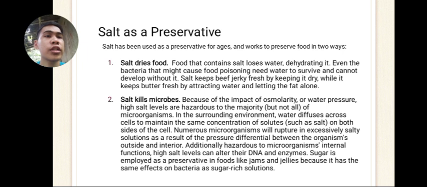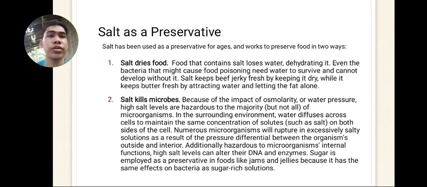Numerous microorganisms will rupture in an excessively salty solution as a result of the pressure differential between the outside and interior. Additionally, high salt levels can alter their DNA and enzymes.